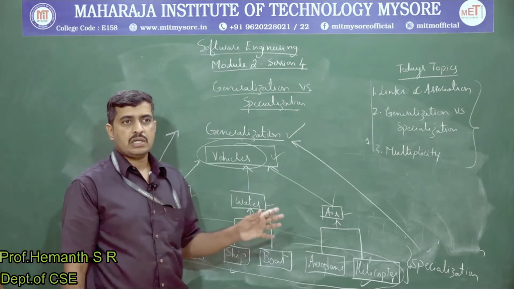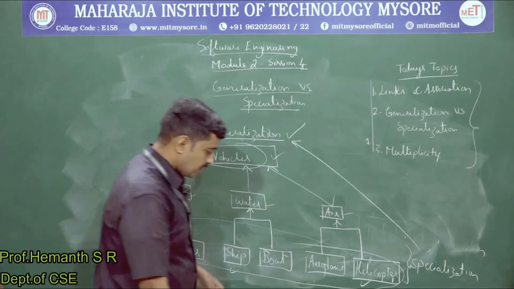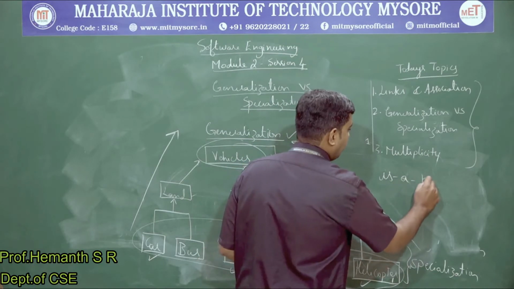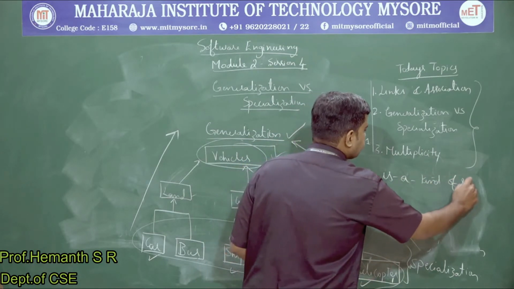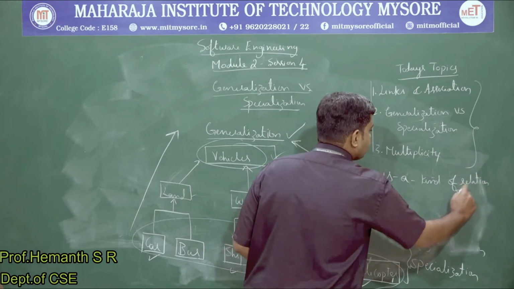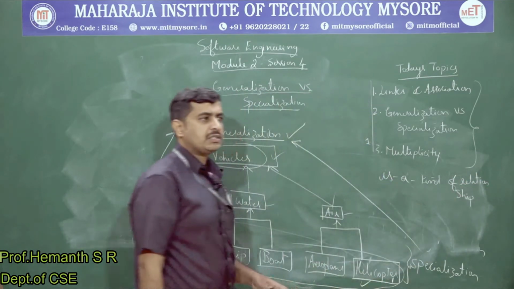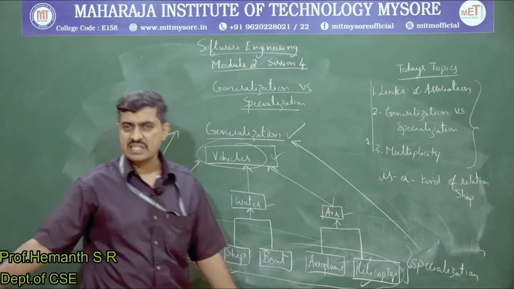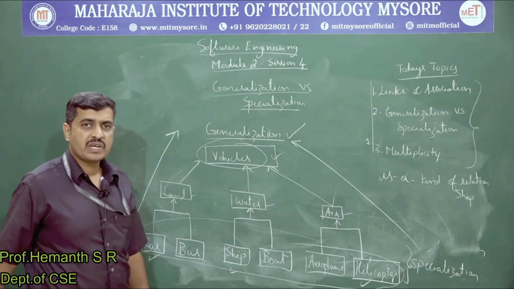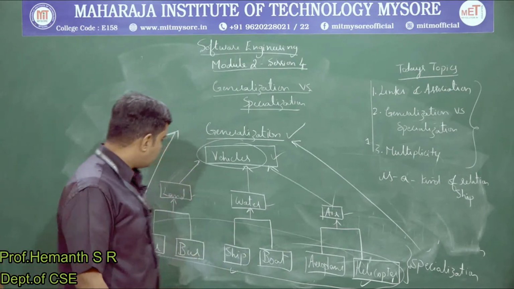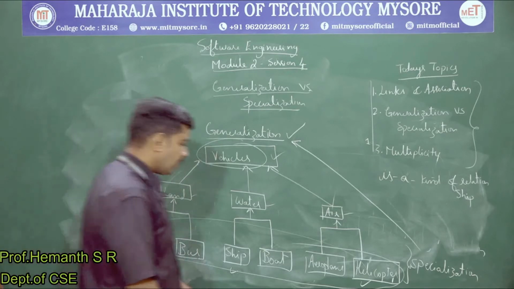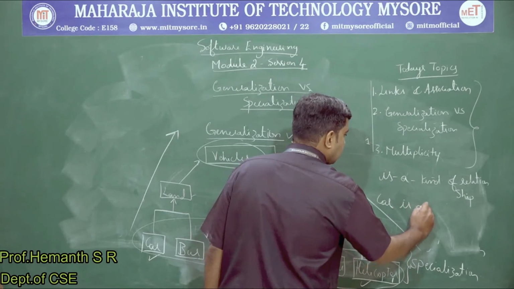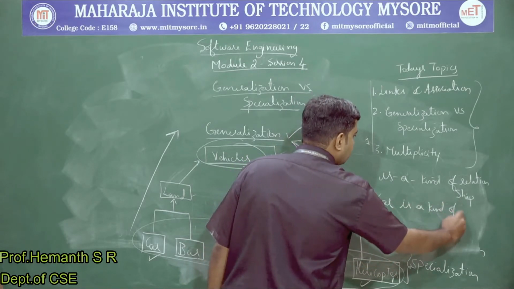In addition, a generalization is represented by what is called an "is a kind of" relationship. So we represent generalization using the is-a-kind-of relationship. What exactly is this? I'll take a few specific examples for more clarity. For example, car is a kind of what?